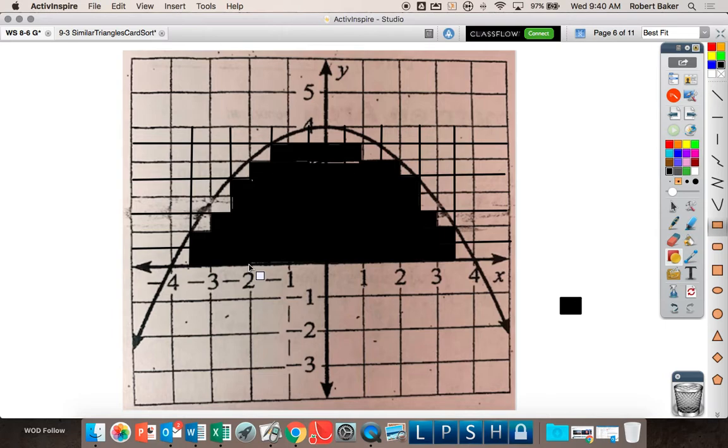How does that look? It looks a lot more full, doesn't it?